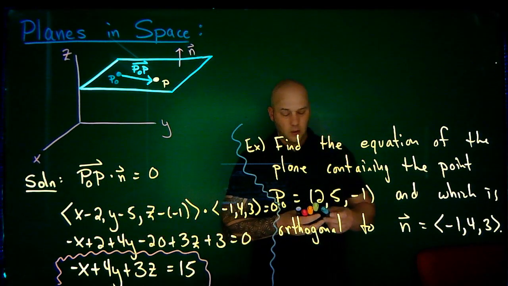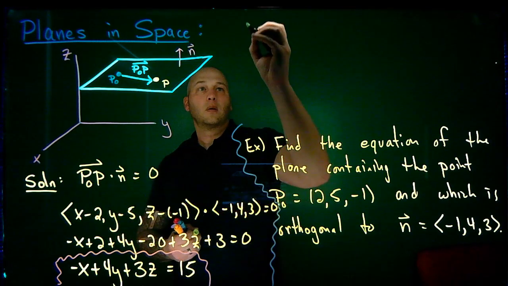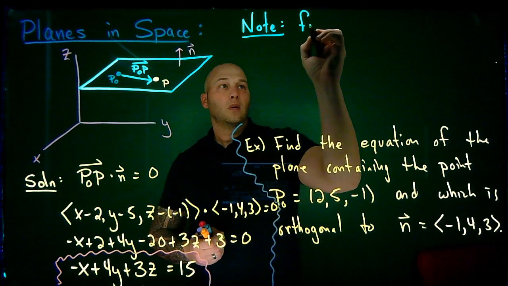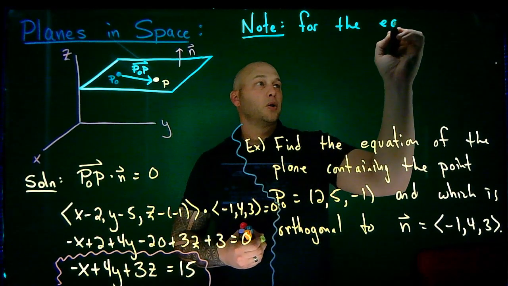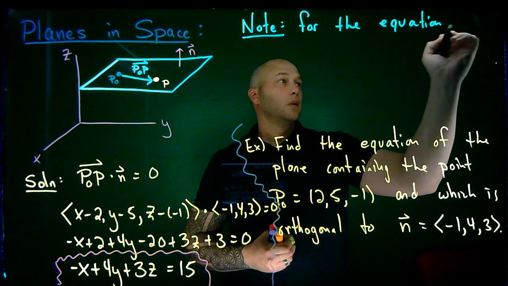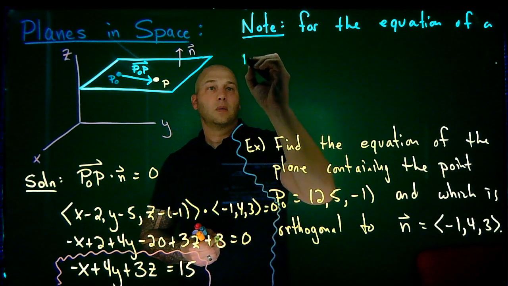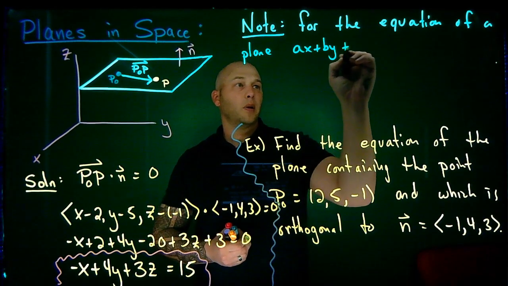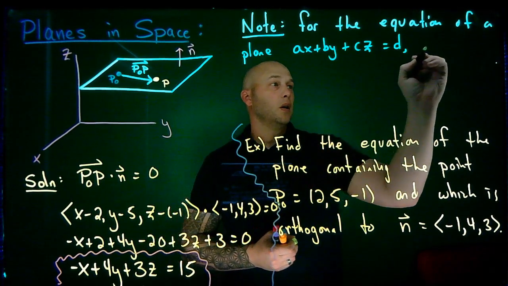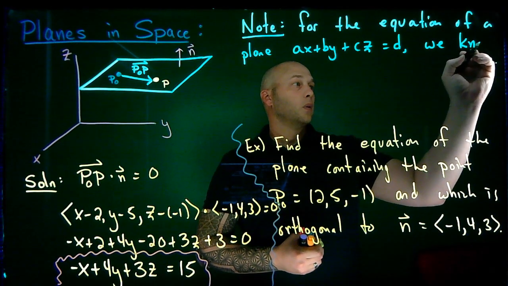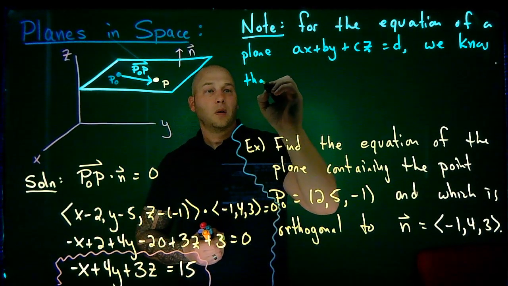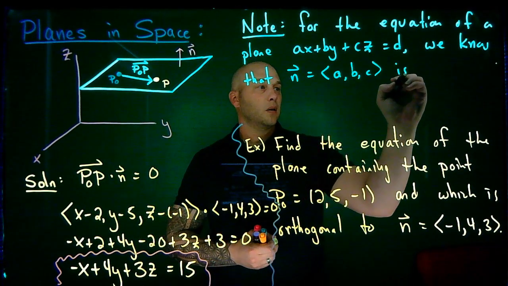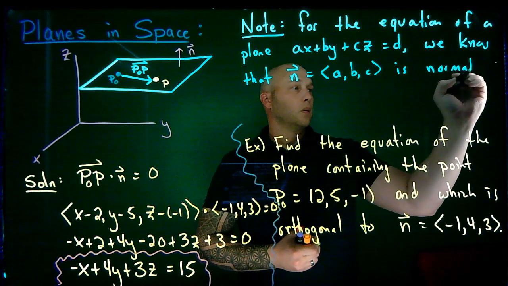Therefore, note for the equation of a plane ax plus by plus cz is equal to d, we know that n, which has components a, b, c, is normal to the plane.